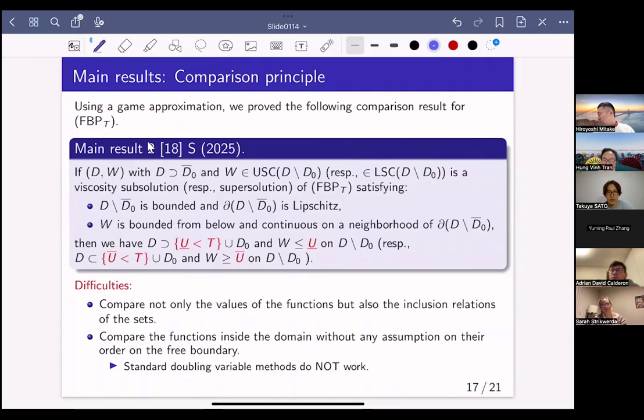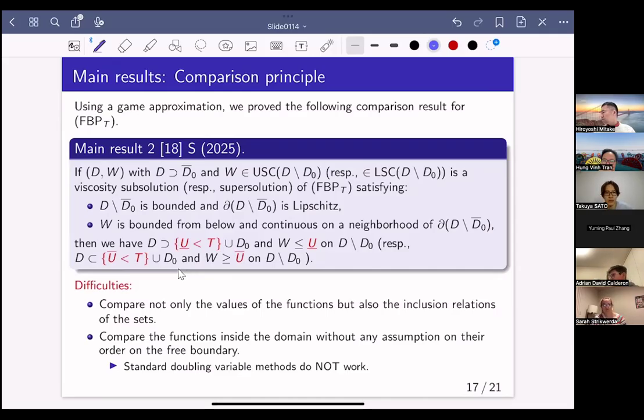For u under bar and its sublevel set, if the pair (D, W) is a viscosity subsolution of the original equation satisfying some kind of regularity condition for the boundary, then this D is a larger set than the T sublevel set of the half-relaxed limit of the value function, and on this set, this arbitrarily given subsolution is less than u under bar, and similarly for the supersolution.